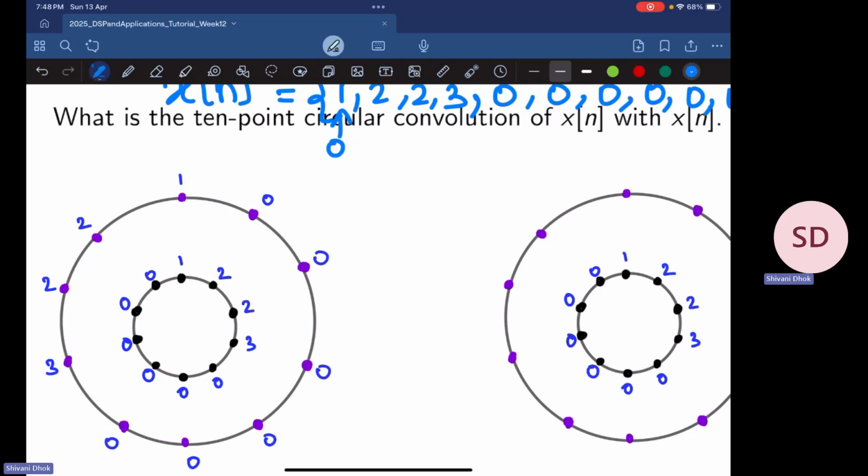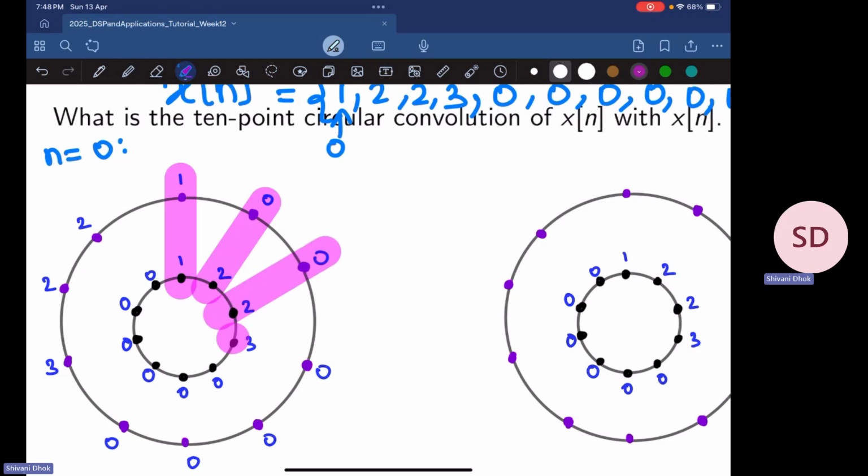Okay, so now we first do it for n equal to 0. So this is the situation for n equal to 0. We have flipped it, but we don't have to shift it. So now we'll multiply it element by element like this.